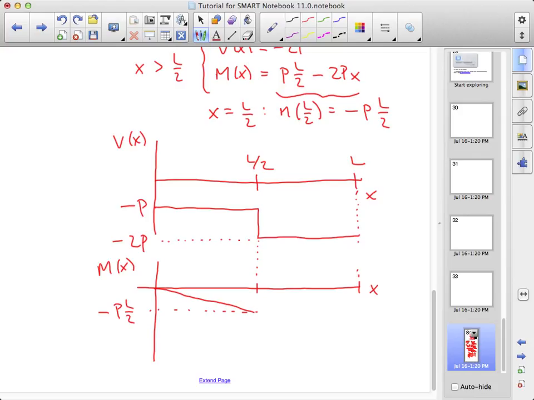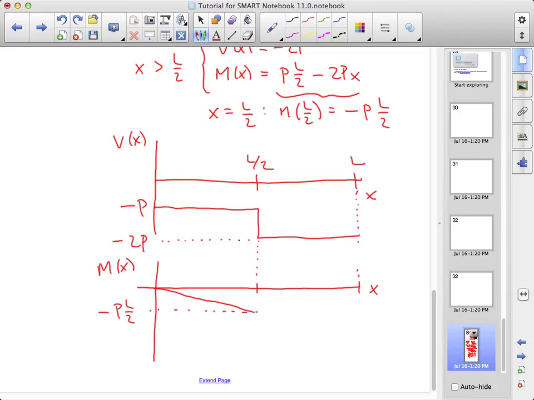We have an alternative expression for x greater than L over 2, but we notice that it takes on the same value as x approaches L over 2 from above L over 2. The slope of that expression is also twice what we have for the case of x less than L over 2.